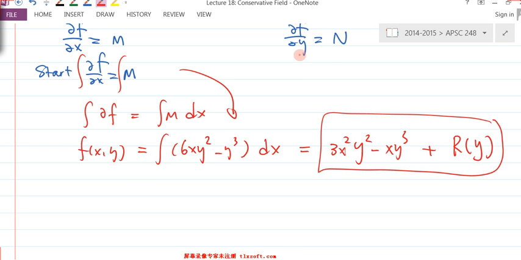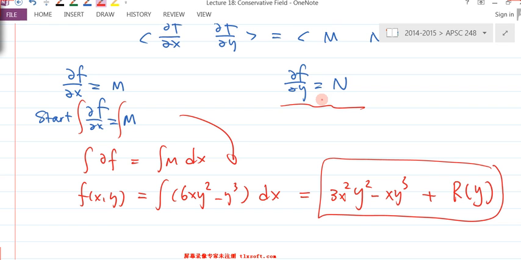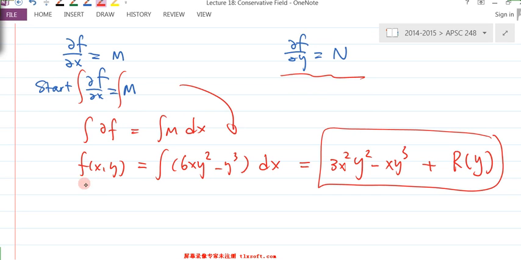Then we have another condition. We have to make use of the second condition. From the first step, you got f equal to this.